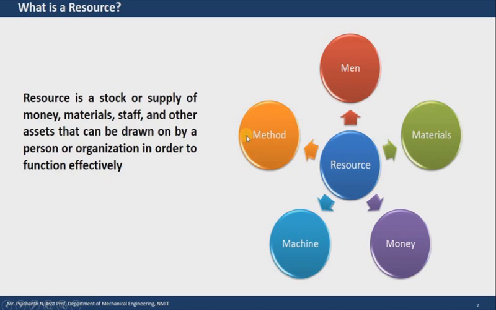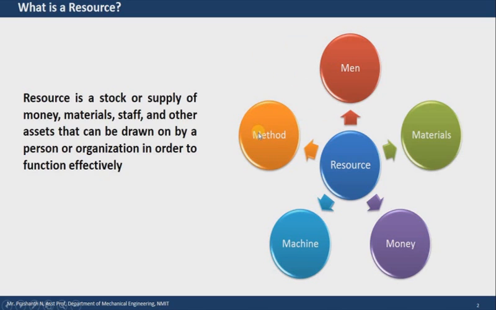Then intangible resources are the resources which are not physical in nature, something which has to do with intellect or intellectual property rights or something like that. For example, if we talk about method, so what is a method? Method is the means of accomplishing something. So if we take skill as an example, skill is an intangible resource, right?